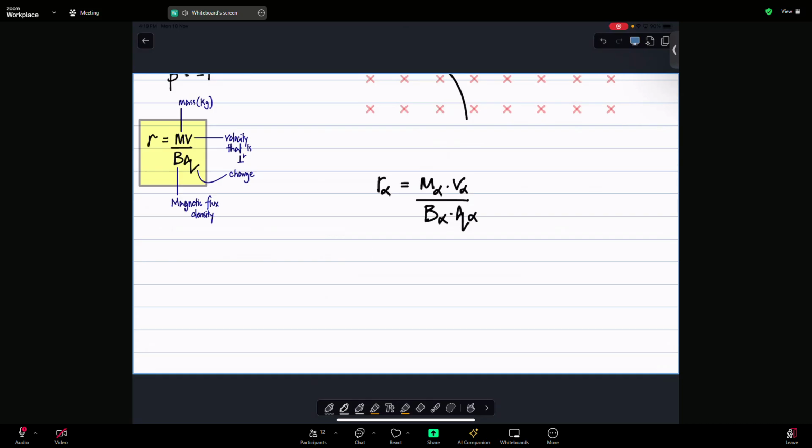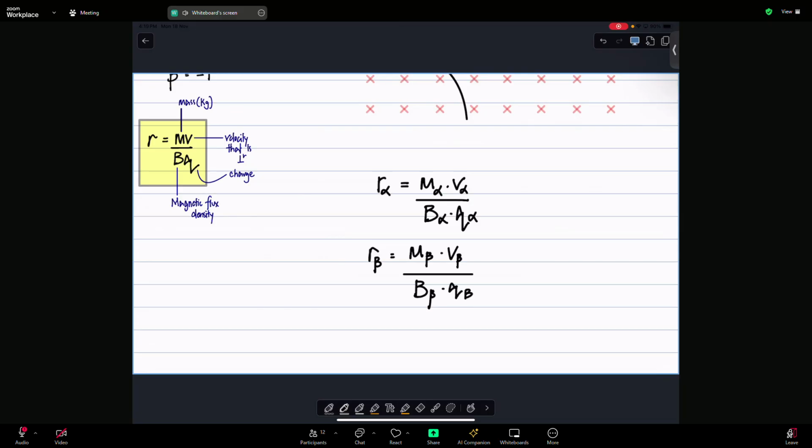And the radius of the beta particle is exactly the same thing: mass of beta, velocity of beta, divided by flux of beta times charge of beta.